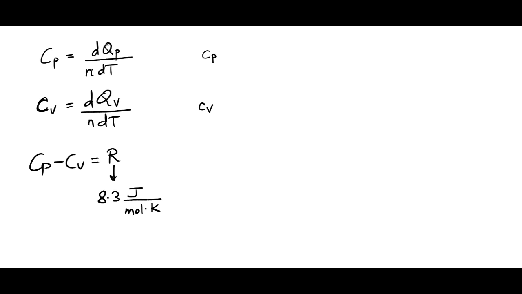The molar specific heat is got by dividing by the number of moles, whereas the principal specific heat is got by dividing by the mass. So this is going to be dq at constant pressure divided by the mass times dT, and likewise this is going to be dq at constant volume divided by the mass times dT.